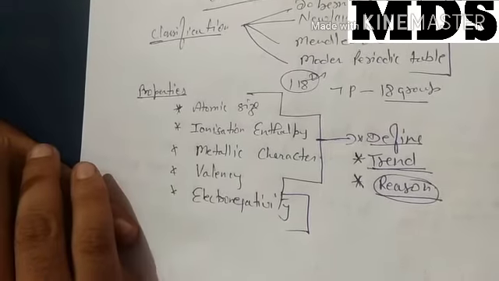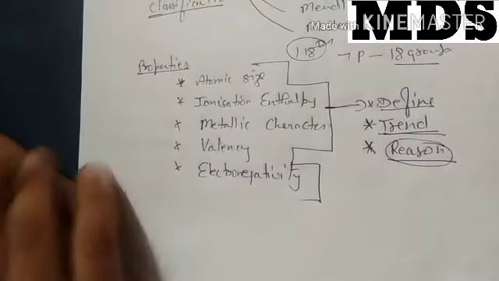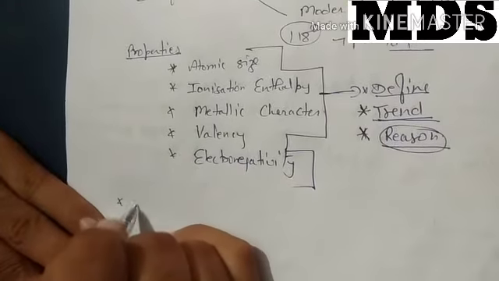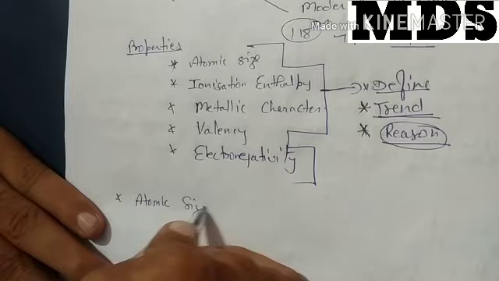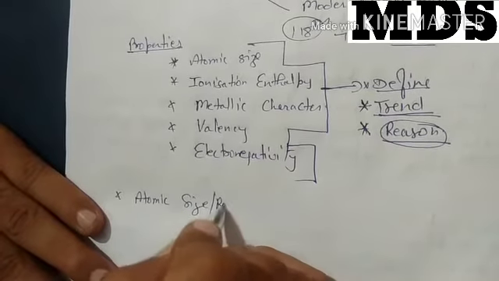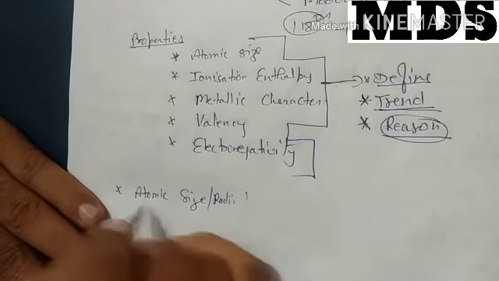Now, let's start our properties. First one, which is atomic radius, or you can say atomic size. So how will you define atomic size or radius of an atom?